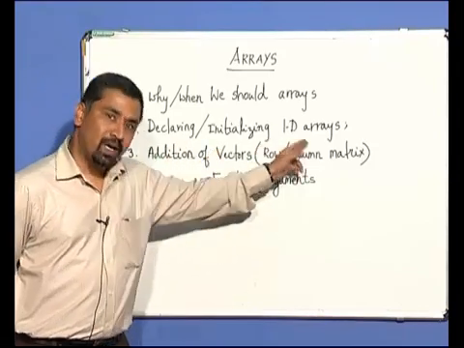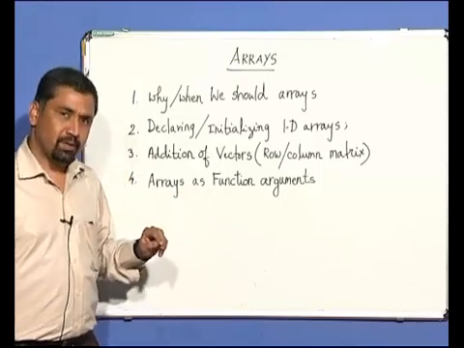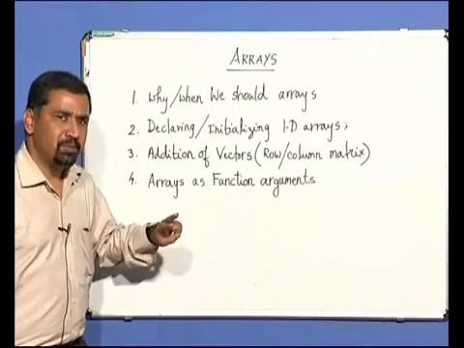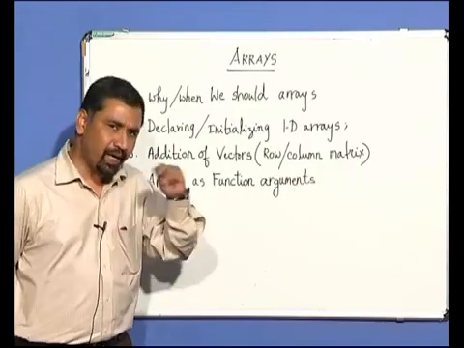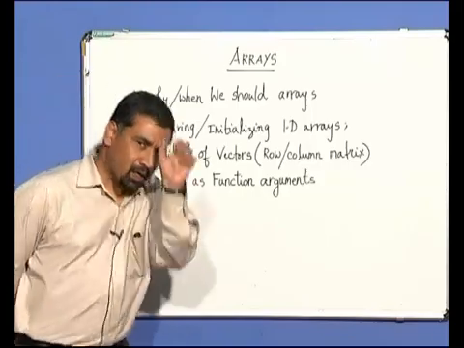and initialize one-dimensional arrays, and we will take an example which is nothing but adding two one-dimensional arrays. The example would take two vectors. A vector could be a simple row matrix or a column matrix.